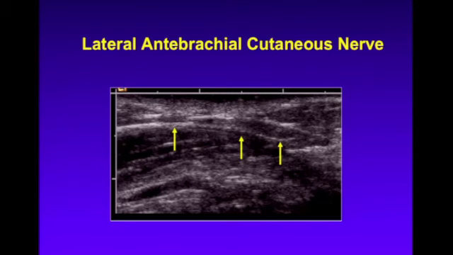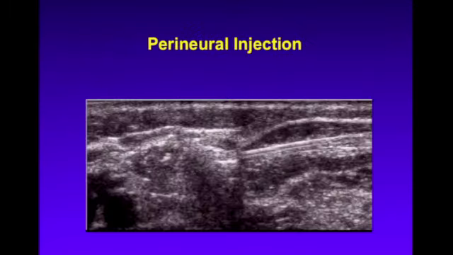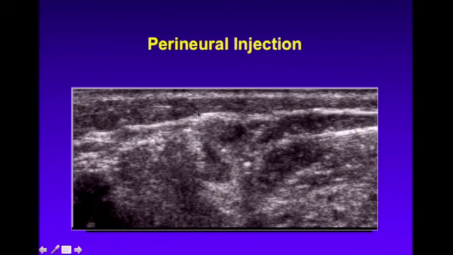Now that we have the abnormal anatomy laid out, we can go ahead and do an intervention. In this case, we did a perineural injection. Here's the needle coming through and the medicine being injected around the abnormal nerve. And fortunately, she had very significant relief in her pain from this injection. So it was a very nice outcome.